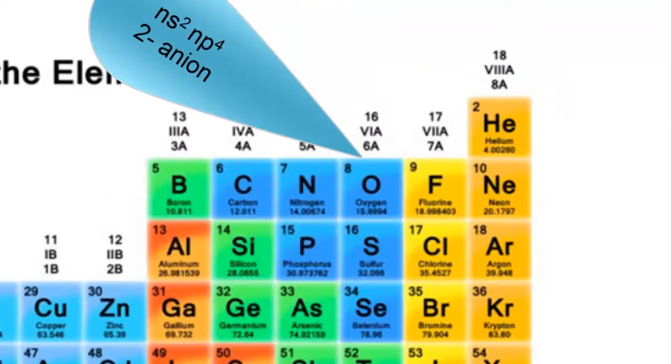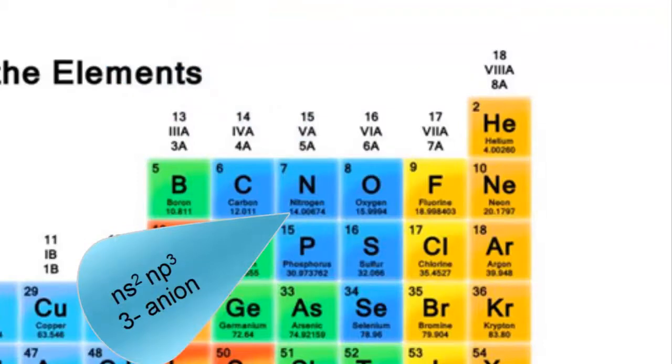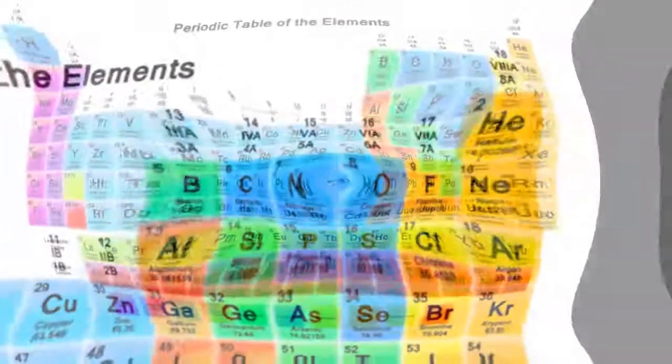The nonmetals in group 16, oxygen, sulfur, and selenium, are 2 electrons short of being a noble gas, and therefore will gain 2 electrons, forming oxide, sulfide, selenide. The nonmetals in group 15, nitrogen and phosphorus, are 3 electrons short of being a noble gas, and therefore will form the anions nitride and phosphide.